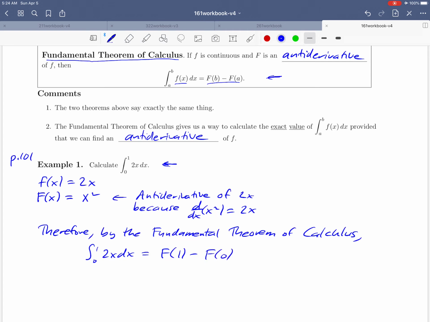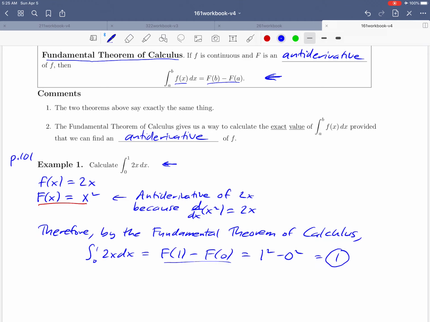We're just writing down what the theorem tells us. How would we do this calculation? We know what capital F of x is, so all we have to do is substitute in 1 and 0. Capital F of 1 is 1 squared, and capital F of 0 is 0 squared, so we get an answer of 1. That should be the value of this integral if we've done everything correctly.